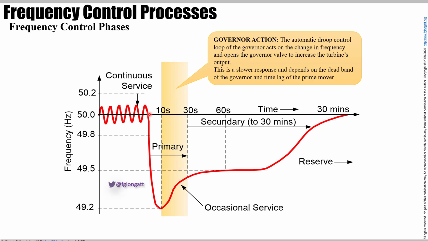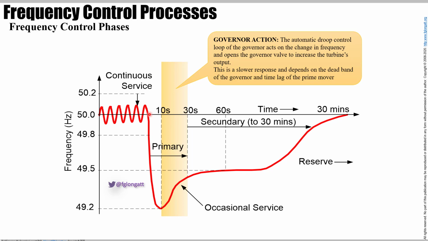However, we have several frequency controllers inside the power system. One of them is the governor action, okay? In theory, this controller is trying to reestablish the balance between generation and demand. It tries to stop the frequency from falling, to stop the machine from reducing its rotational speed, okay?